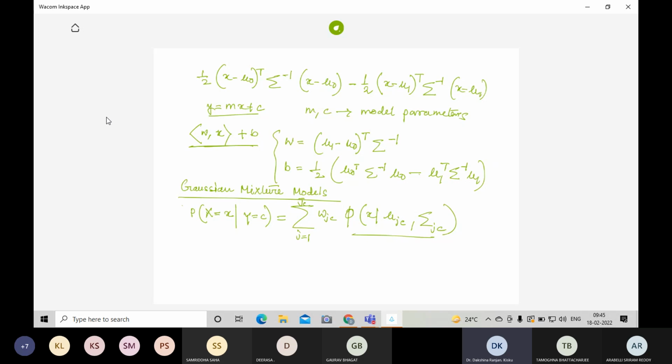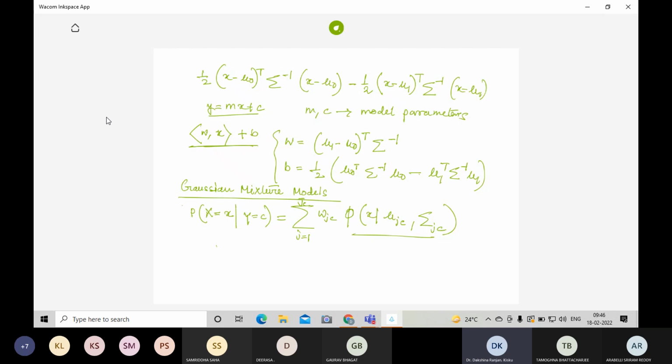Now as I said, the phi of x parameterized by mean and covariance matrix sigma is nothing but the Gaussian density function, and wjc are the non-negative weights associated with a particular class C. This non-negative weight is determined for j number of components.